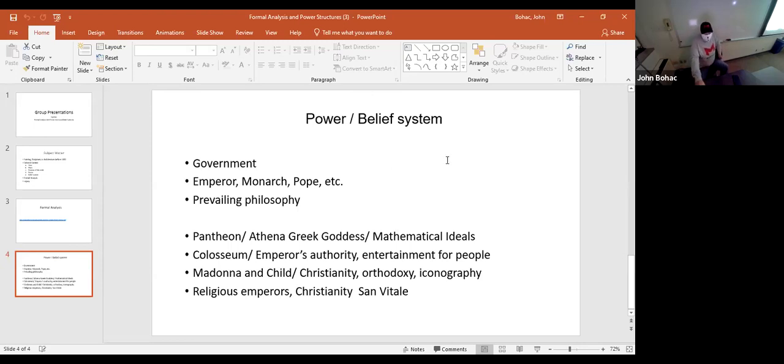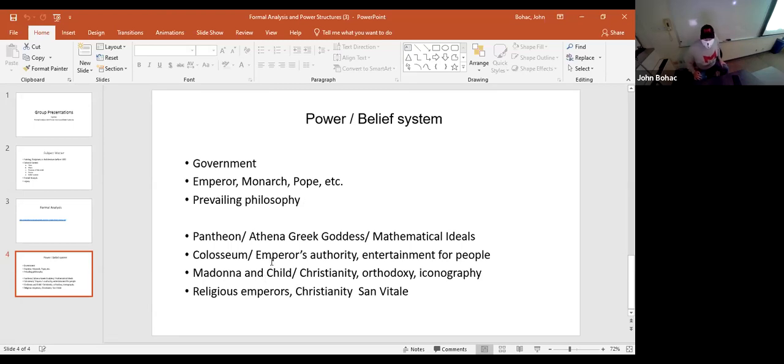They used all of the math. They used all of the ideal proportions. And they also accounted for some of the perceptual flaws that we have as human beings in our eyes. So they made the columns look straight in a sense by tilting them a little and playing with our eyes. And so anyway, that's really the prevailing philosophy, and it's about their religion too.